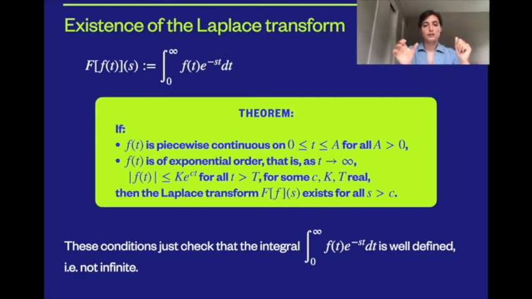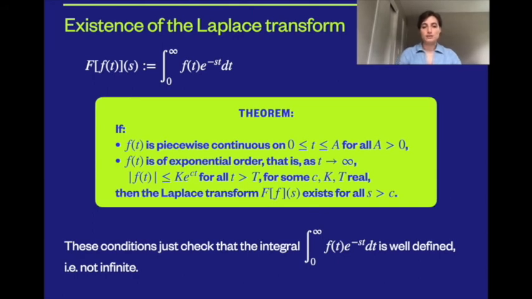k being a real constant times the exponential of ct. Small t is the same as the one inside the function, and c, k, and big T are chosen real, such that this formula here holds for all values of small t bigger than big T. Then, if these two requirements on f of t are satisfied, then the Laplace transform exists for all s bigger than small c that we have introduced for the exponential order.